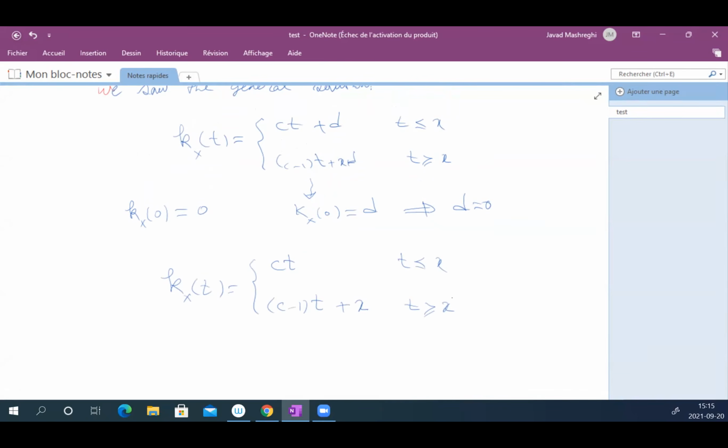And back to the question you raised, all the time it's a good idea to verify if we are in the space or not. We are in the space indeed, because what were our conditions? K_x must be absolutely continuous. This function is continuous; the drawing is like this, and then another piece.